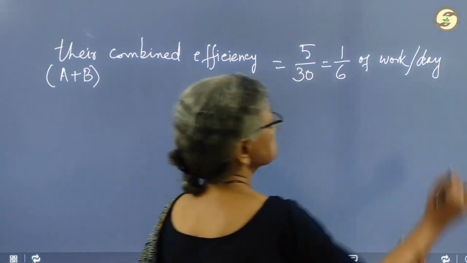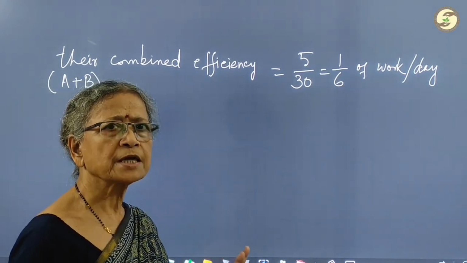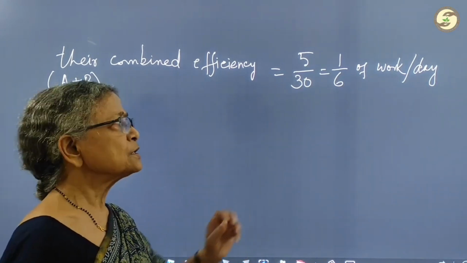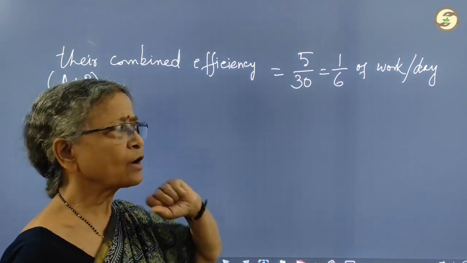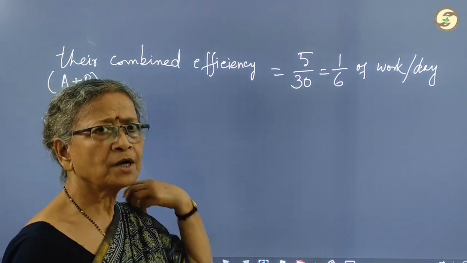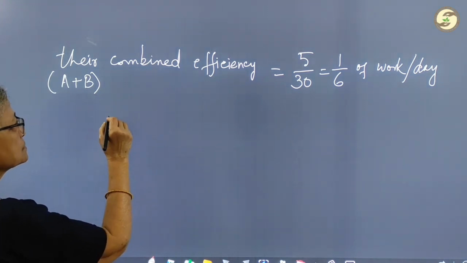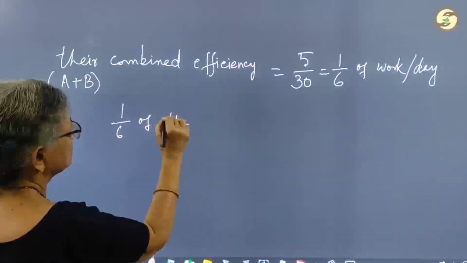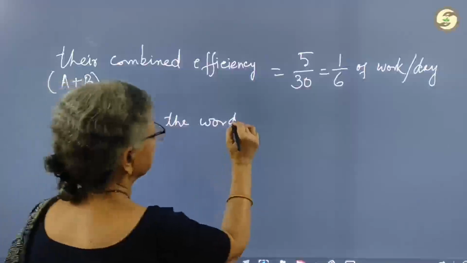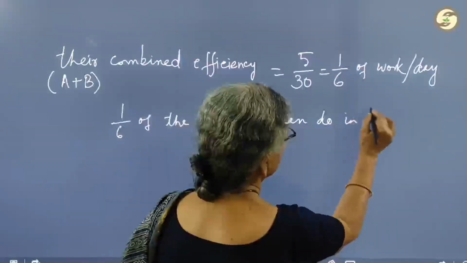So the question was, when they work together, how long they will take to complete the work. So 1/6 of the work they can do per day. So how long they will take to complete the work? You can do it like this. So 1/6 of the work they can do in one day.